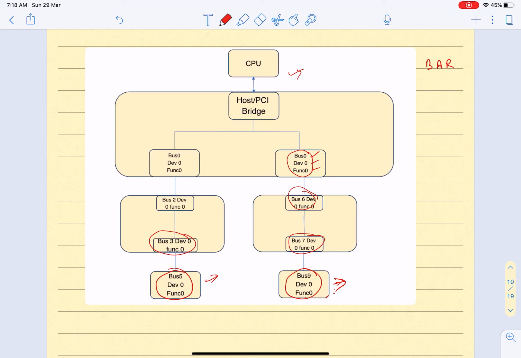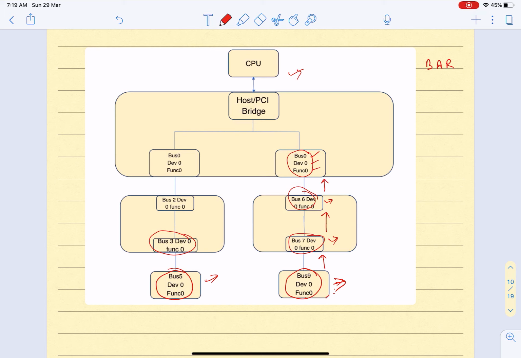Once it is done, then the host will go one step up and map that memory in the PCI bridge configuration space, and once it is done, it will map that particular range into this particular bridge, and then map that in this particular bridge.